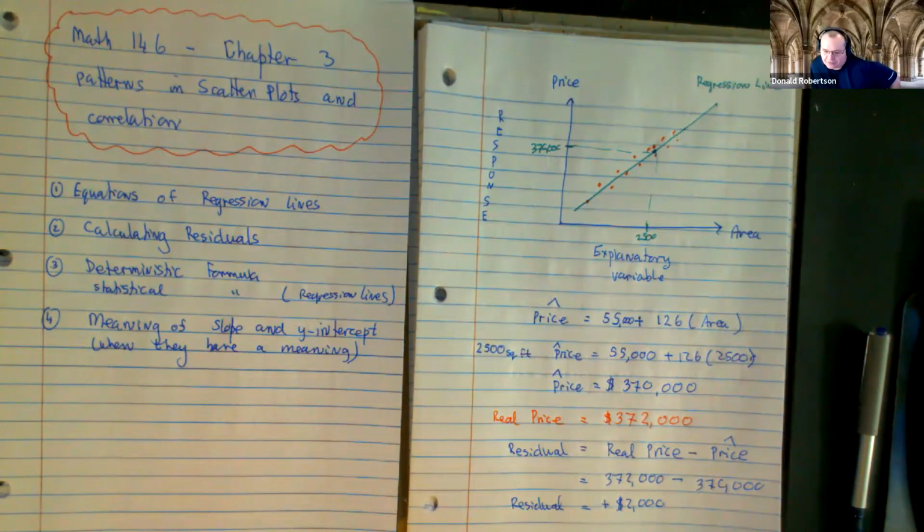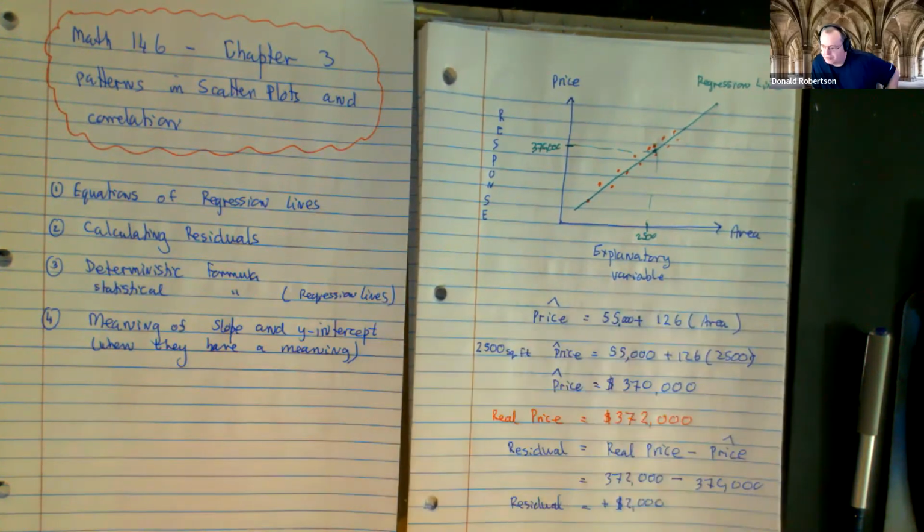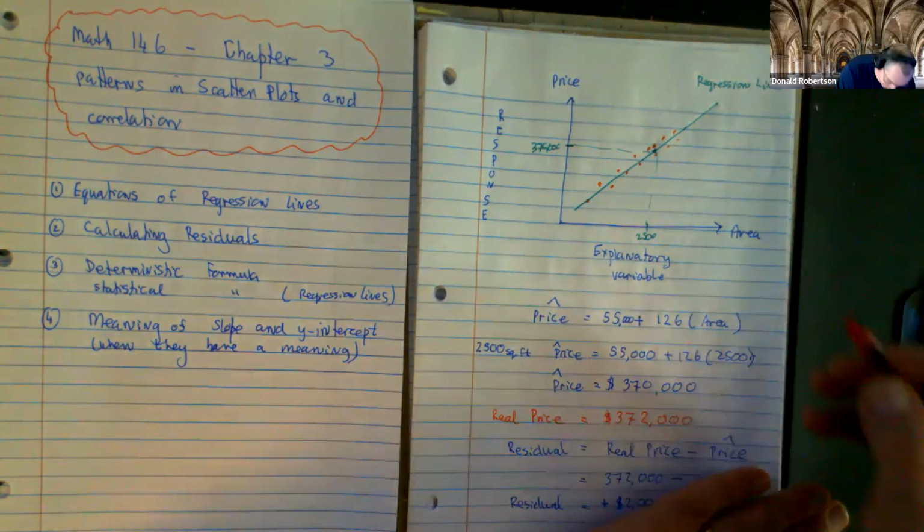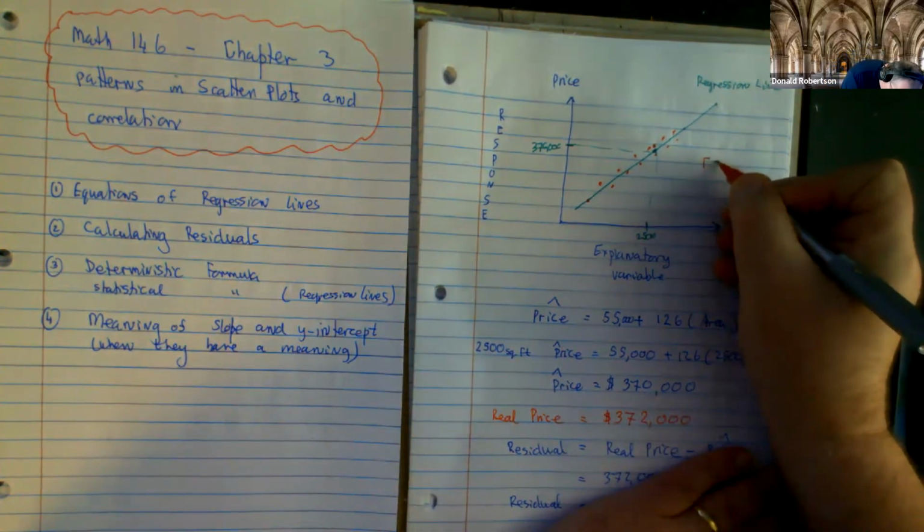If I did a different model and I was getting residuals of 90,000 and 100,000 and minus 500,000, wouldn't I be really worried about using that formula, the model, to predict the price of any house, right? Not a good model. So how do we tell if we have got a good model? The best measure is the R value.